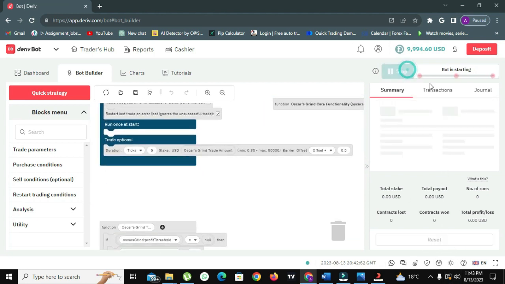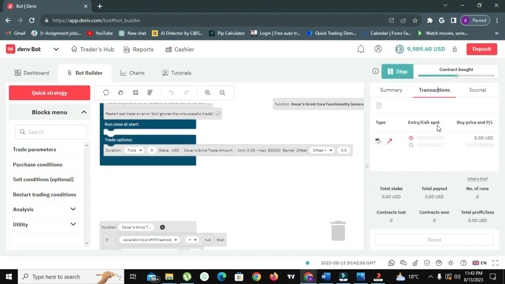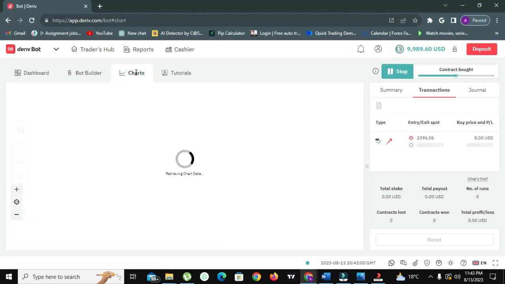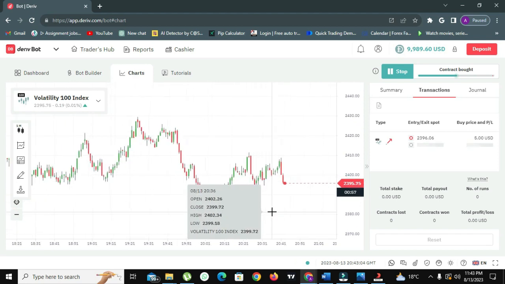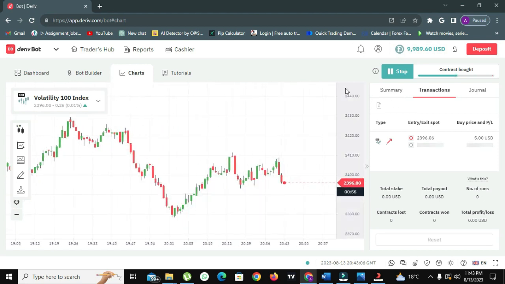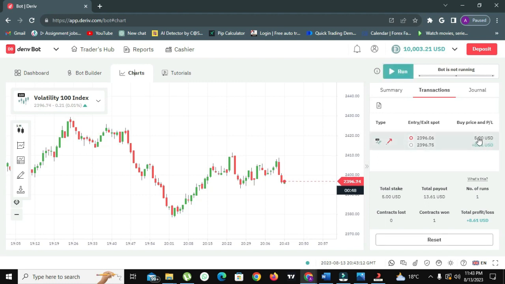The bot allows you to, instead of doing it manually like the way you saw me do it, just wait for the bot to do its job. You just run it and wait for it to do its job after doing some analysis, of course, and you hope it's gonna win. Okay, in this case it has won. You put in a $5 bid, you won $8, which is not a bad profit, huh?